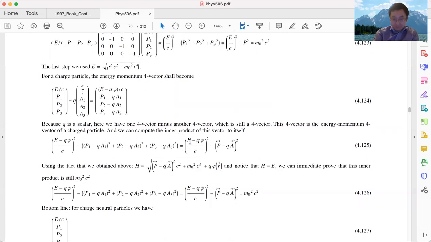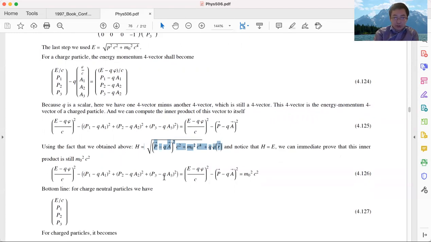And now let's replace the energy. Okay, so there is energy here. Let's replace energy with the proper energy of a charged particle. Okay, if we replace this energy with the proper energy of a charged particle, this inner product of this 4D vector to itself can be rewritten as this. Okay, we can show that this guy equals rest mass squared speed of light squared.